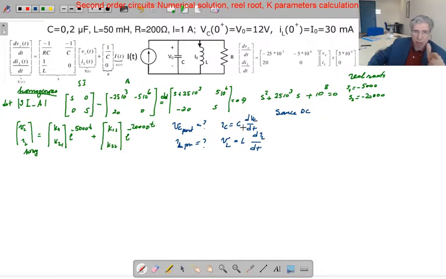When you get the derivative of it, this becomes IC open circuit. Why is that? Because derivative of a constant is 0, so IC is 0, open circuit. And similarly, since IL is a constant, derivative is 0, then VL is equal to 0, short circuit.